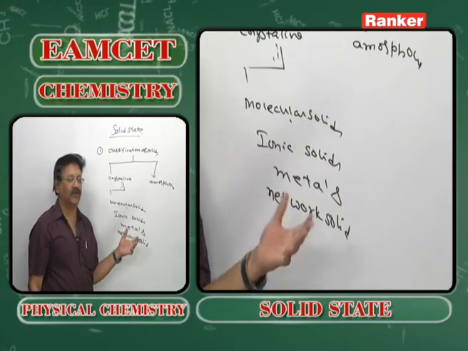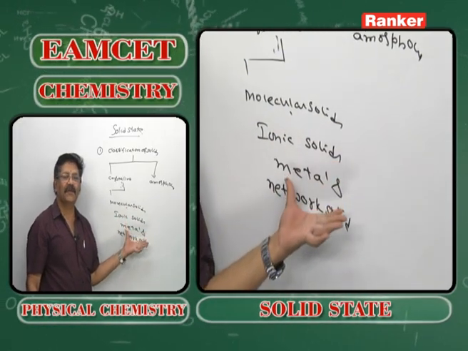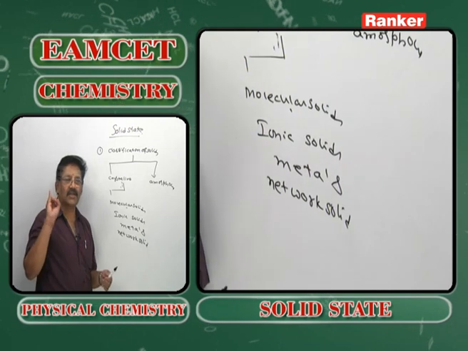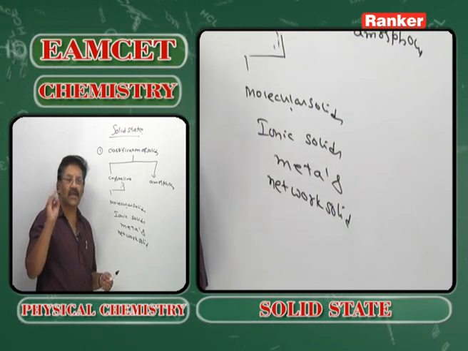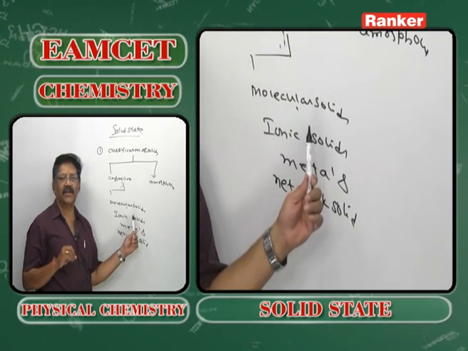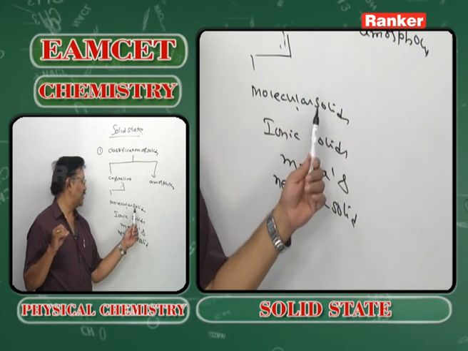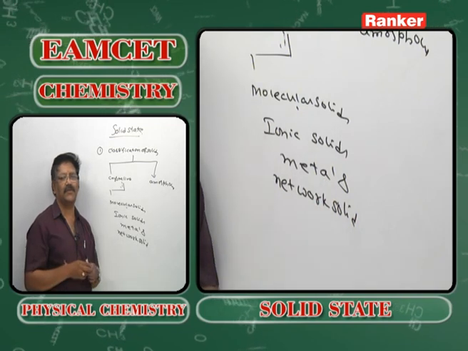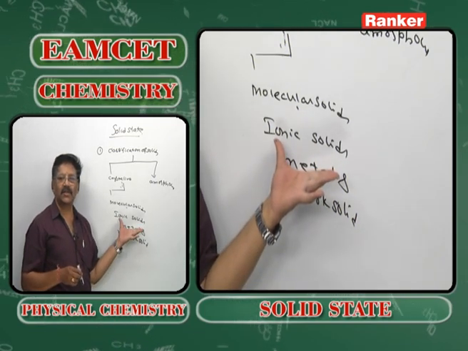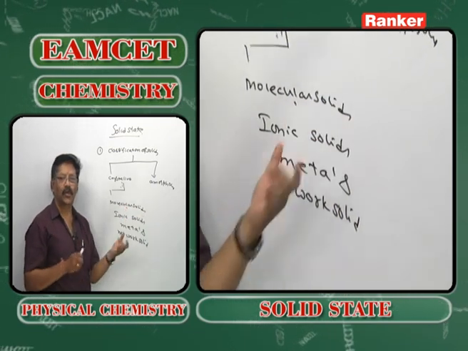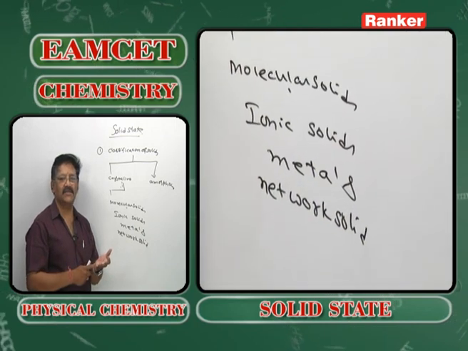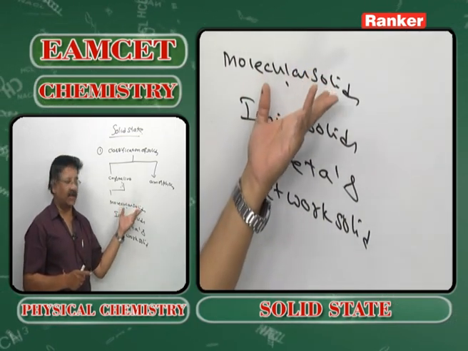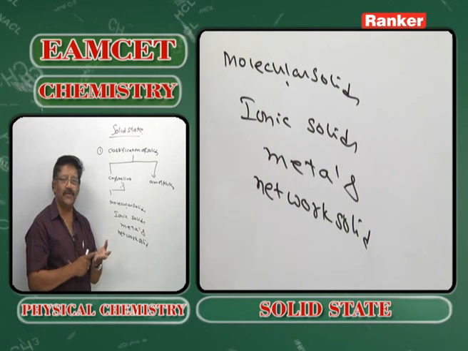What should we know regarding the type of the solids? What are the constituent particles, how they behave, what is their electrical behavior, and all these points. What are the examples for molecular solids? Under the heading the types of the solids, what are the points you have to remember?